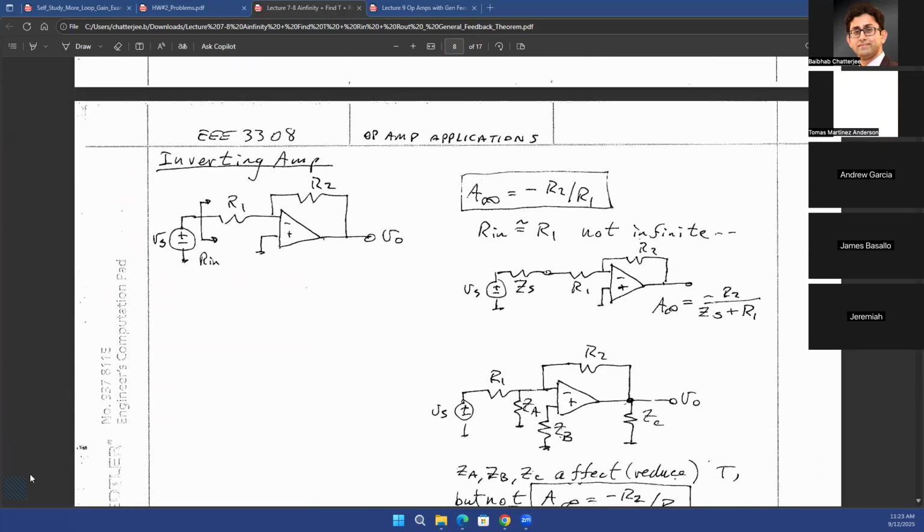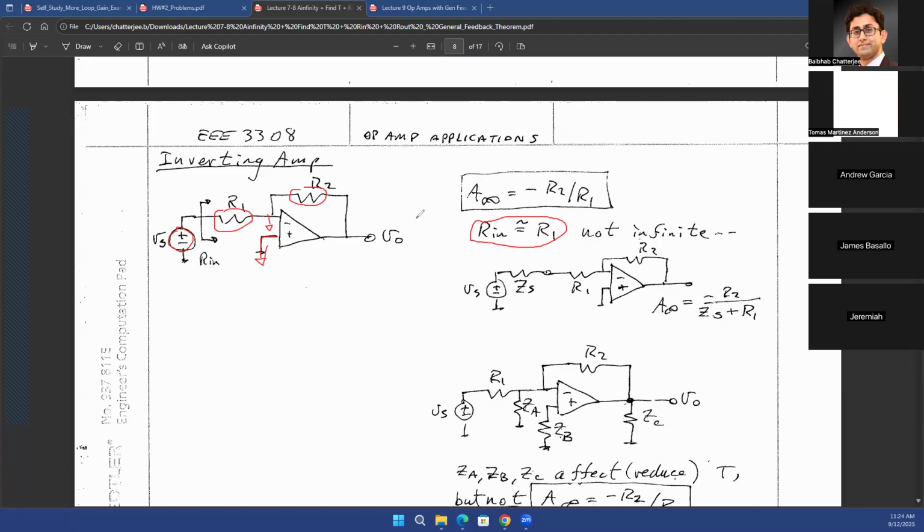All right. So for the inverting amplifier, where you have the input voltage source here, you have a resistance R1, you have R2. And remember that this is basically a negative feedback once again. So if you have a virtual ground here, you'll also have a virtual ground on the inverting terminal as well. So in that case, your R in will be equal to R1, because at the right-hand side of your R1 resistance, you see a virtual ground.